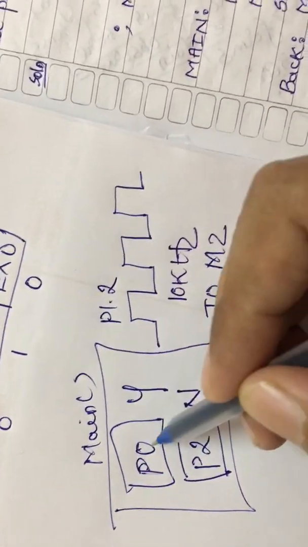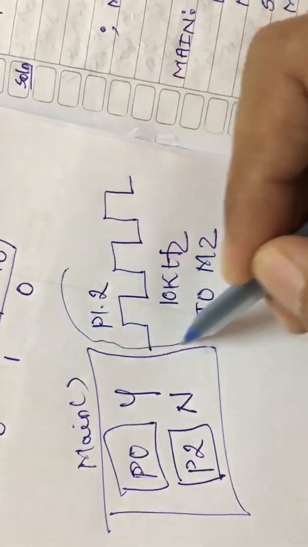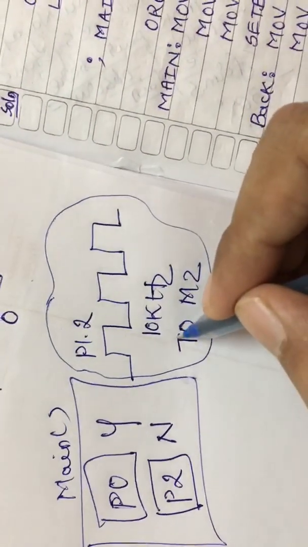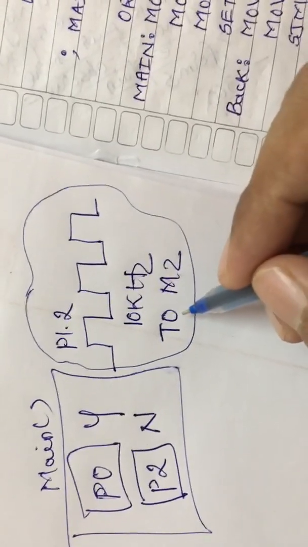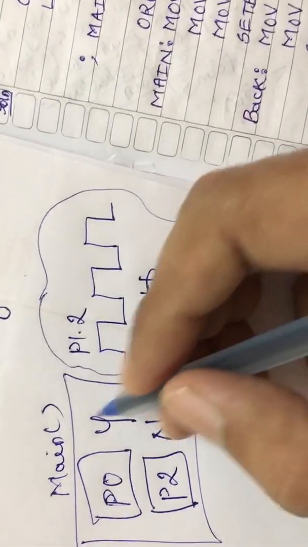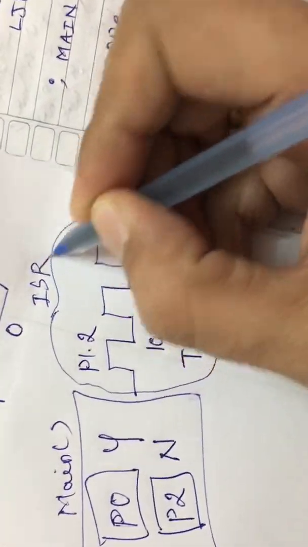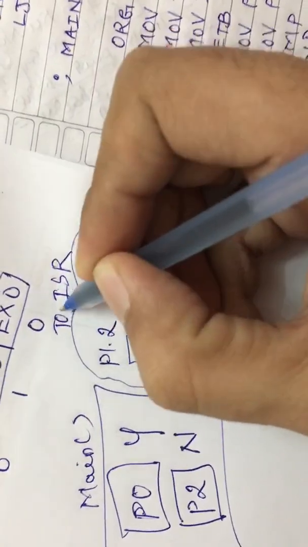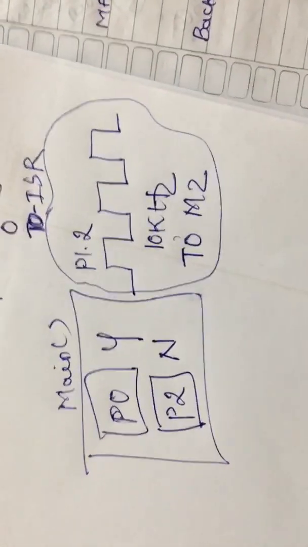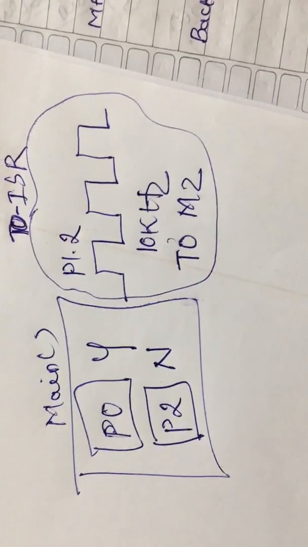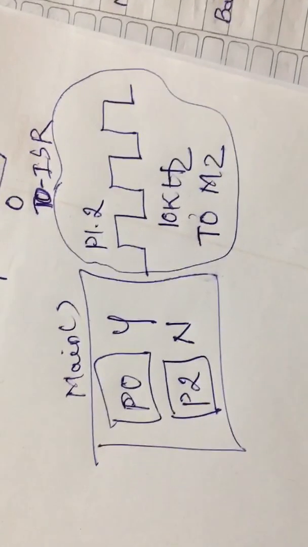So this is the main process, and since in the question they have given that we need to use timer 0 in mode 2, this part is the ISR. Which ISR? I will call it the timer 0 ISR. So this is the problem statement. Please read the question once or twice, then writing the program will be very easy.